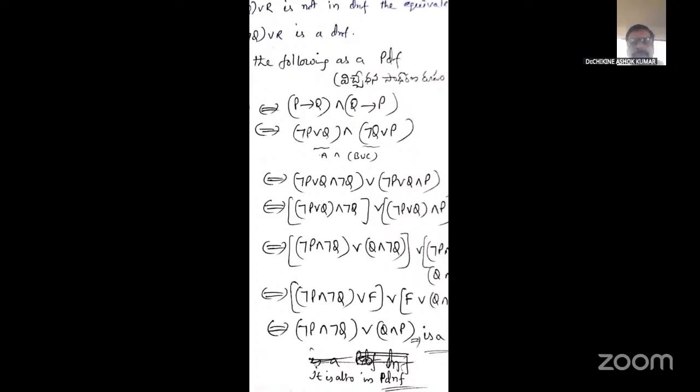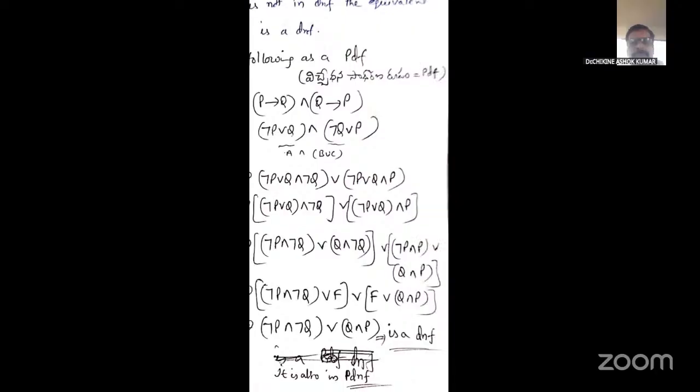Negation P union Q intersection negation Q can be written as negation P union Q of intersection of negation Q. Similarly, the second function, negation P union Q intersection P.